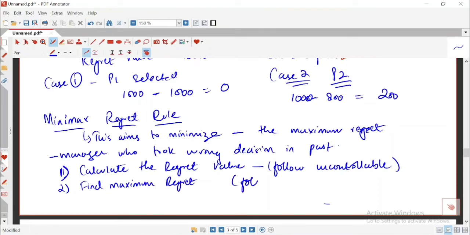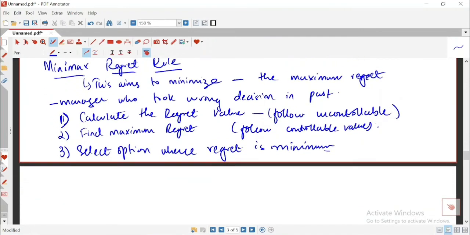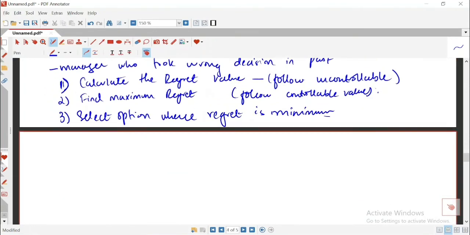Here we are going to follow controllable values, and last select option where regret is minimum. Okay, एग्जाम्पल से देखते हैं, for a clearer understanding.